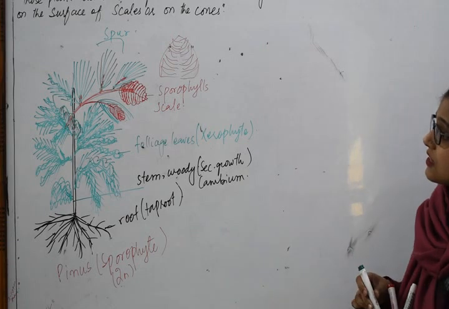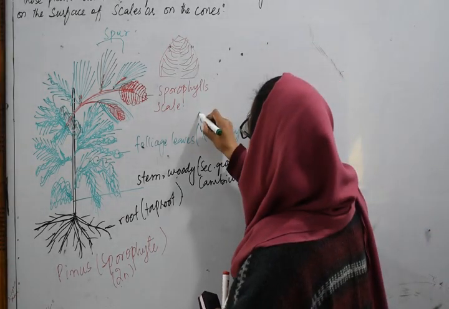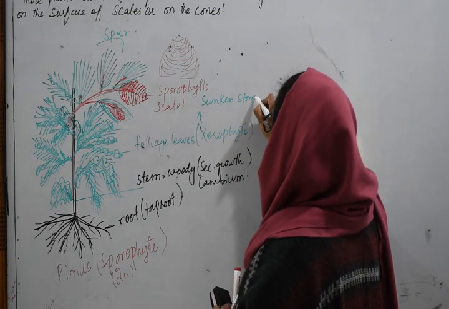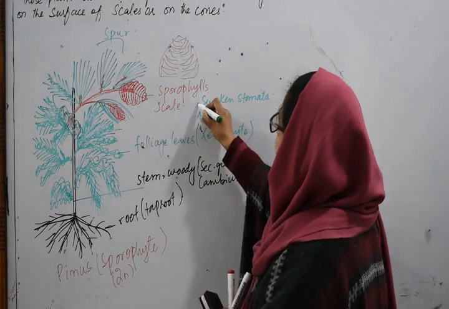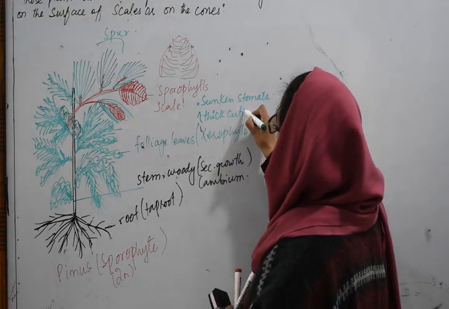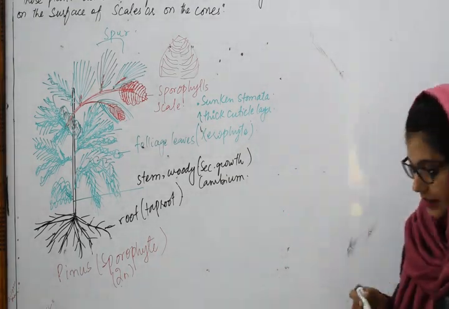These xerophytic adaptations are that it contains sunken stomata and a thick cuticle layer to prevent transpiration.